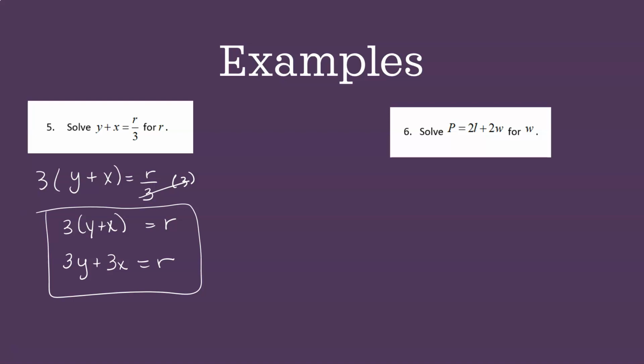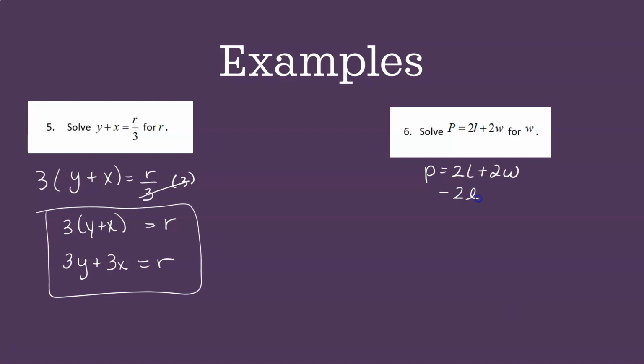Number 6. Solve P equals 2L plus 2W, and we want to solve that for W. There's a couple ways you can go at this, but to me, I'm going to do this first.